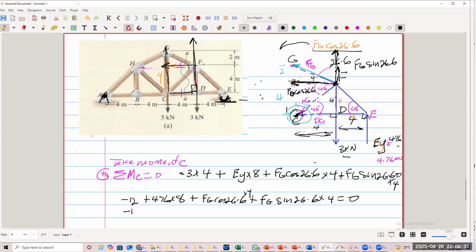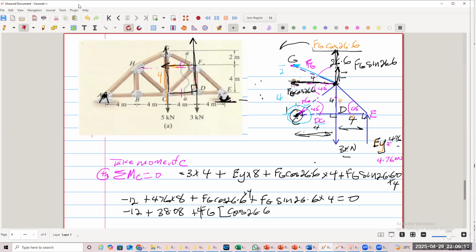So we're getting minus 12 plus 4.76 times 6, which is 38.08. If you factor out FG, you'll have cos 26.6 times 4. Factor out the 4, it's easier that way for you to see it.